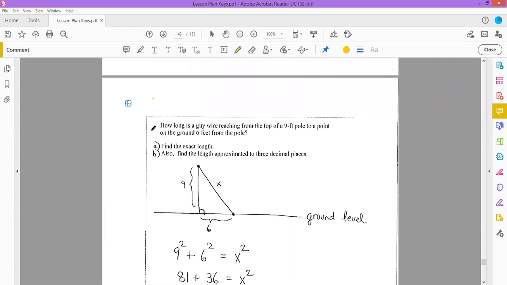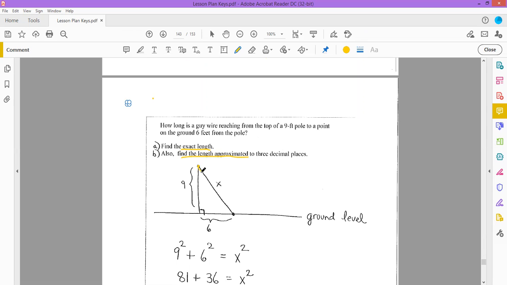All right, the next example, we're asked to find the exact length. That means keep our square root, and then find the approximate length rounded to 3 decimal places. Now, how long is a wire reaching from the top of a 9-foot pole to a point on the ground that's 6 feet from the pole?